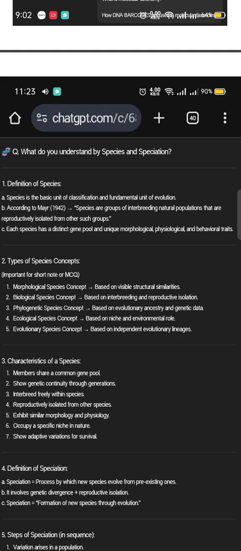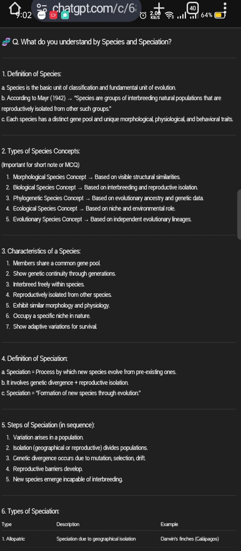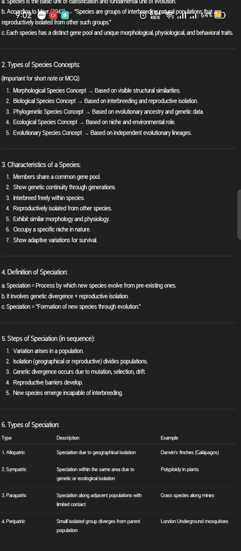Concepts: morphological, biological, phylogenetic, ecological, evolutionary. Characteristics of a species: interbreed, reproductively isolated, share a common gene pool, show similar behavioral and physiological traits. Speciation steps: variation arises, isolation, genetic divergence through mutation, selection, drift.